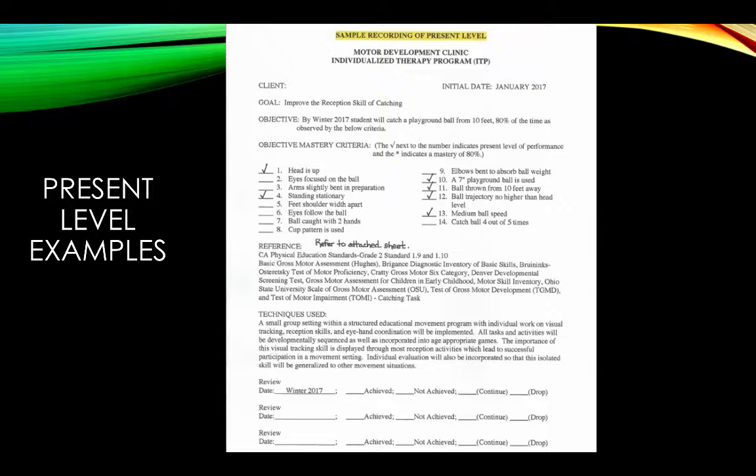So here is a present level example. All right. Here is our goal, reception skill of catching. Here's the objective, catch a playground ball from 10 feet 80% of the time based upon the following. So you can see that I have checked off a few of the skills.